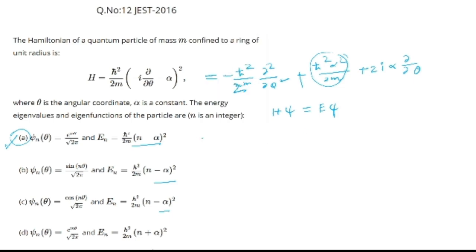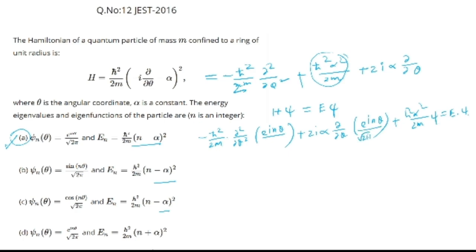So operating on this, it is the time independent Schrodinger equation: minus h cross squared divided by twice m, del 2 del theta 2 on e to the power i n theta divided by root 2 pi, then twice i alpha del theta of e to the power i n theta, then h cross squared alpha squared divided by twice m psi, and E psi. We cannot cancel here because psi is there.